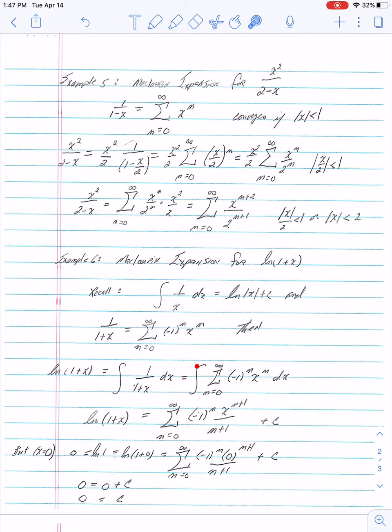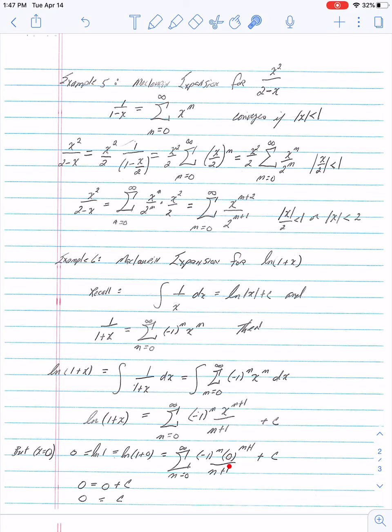Now, it's an indefinite integral, so I'm going to have to add an arbitrary constant c, and I'm going to have to figure out what that arbitrary constant is. How do I do that? Well, I plug in x equals 0. So when I plug in x equals 0, I get natural log of 1 plus 0, which is natural log of 1, which is 0. And when I plug in 0 over here, all these have positive powers of x.